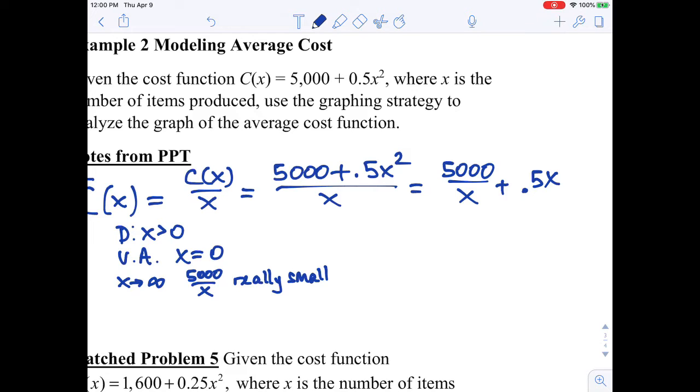So we find that we have this oblique asymptote that will occur at y equals 0.5x. As x approaches infinity, we're going to get closer and closer to the line 0.5x.